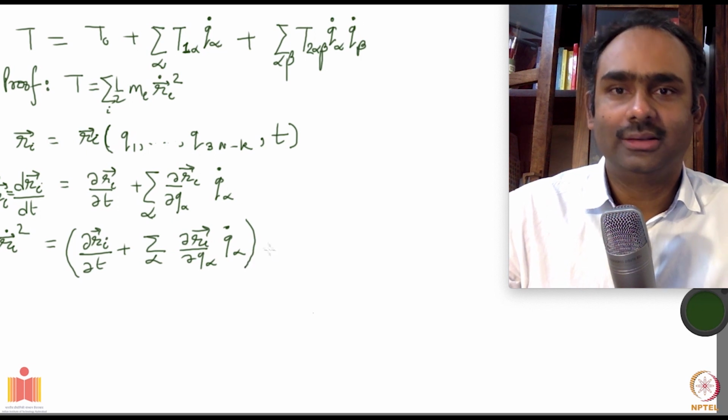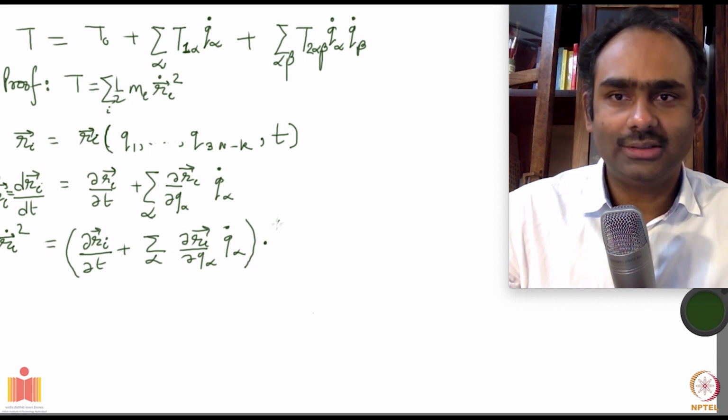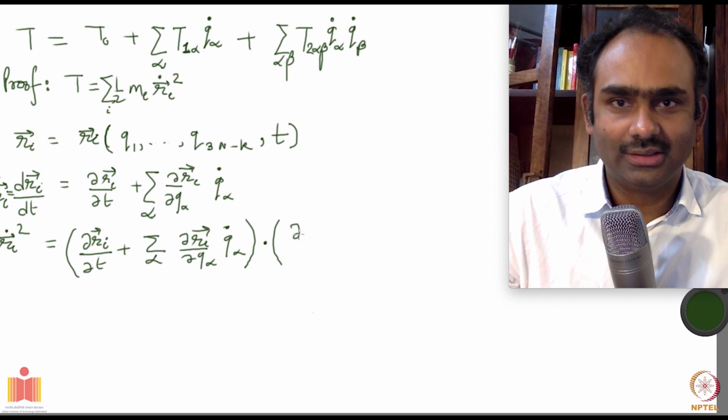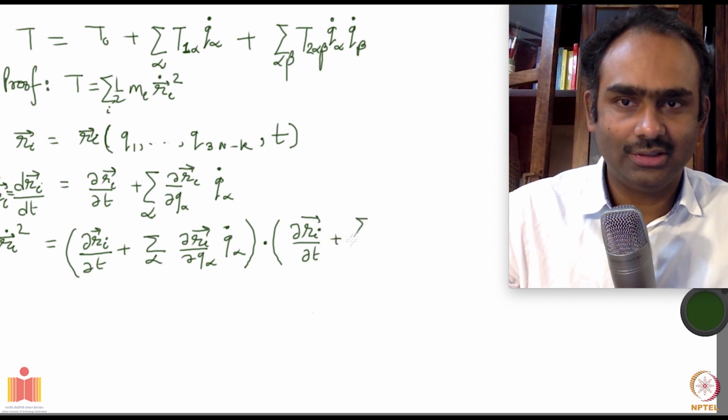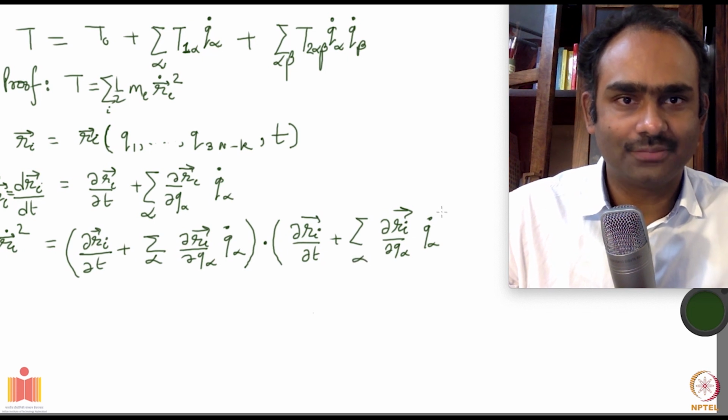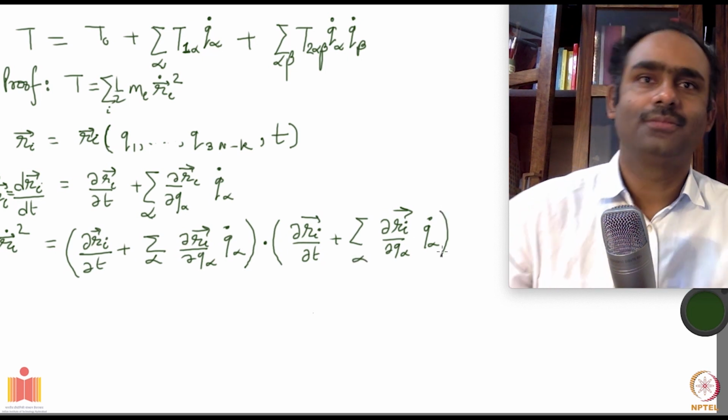Then I should dot it with the same piece again, del r_i over del t, remember i is the label for the particle, plus summation del r_i over del q alpha q alpha dot, summation over alpha.